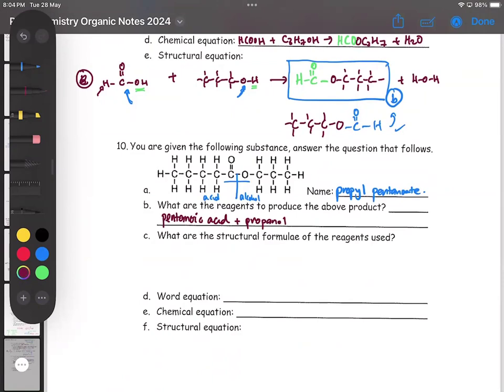So these are your two substances. Since we already got the names of the substances and the name of the ester, we have propyl pentanoate plus water.